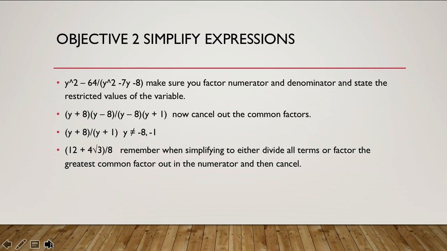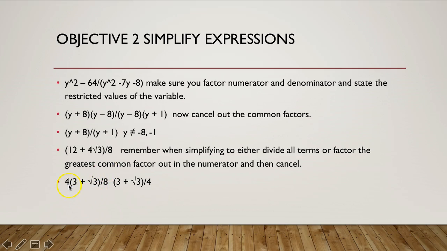12 plus 4 times the square root of 3, divided by 8. Remember when simplifying to either divide all of the terms or factor the greatest common factor out in the numerator and then cancel. You can't divide just 12 by 4. You need to divide both 12 and 4 and 8.